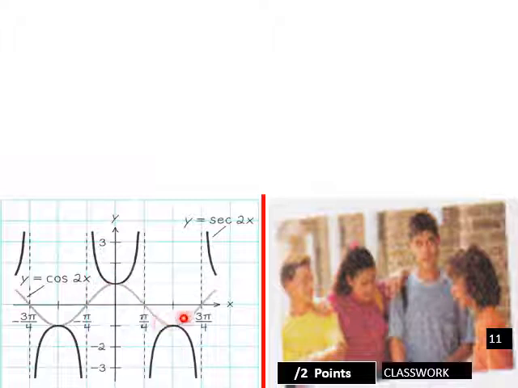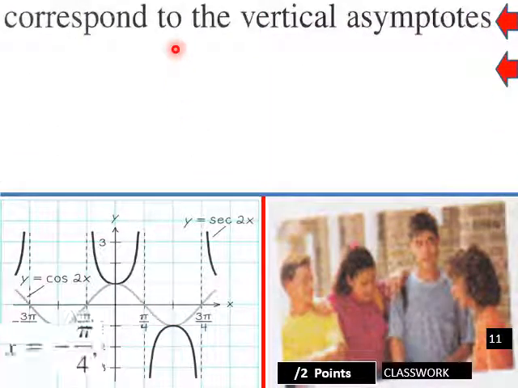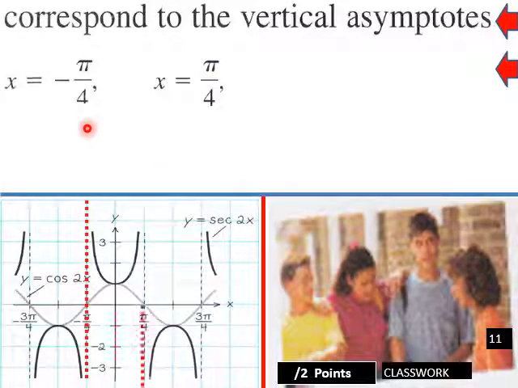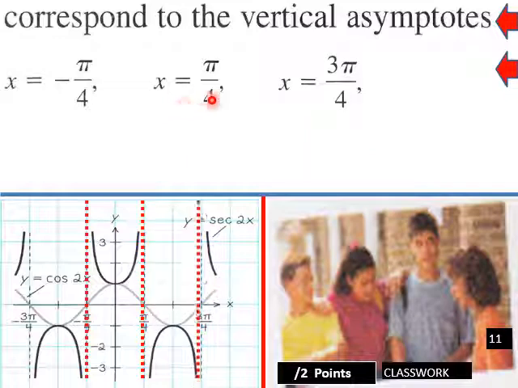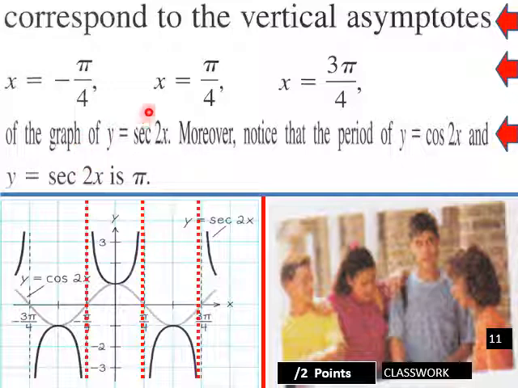There's our graph of our function. They correspond to vertical asymptotes at negative pi over 4, then 3 pi over 4. We got that. So corresponding vertical asymptotes is the graph of y equals secant 2x.